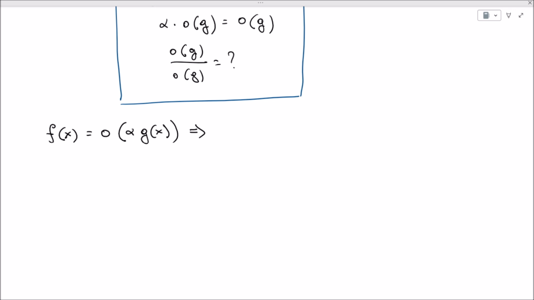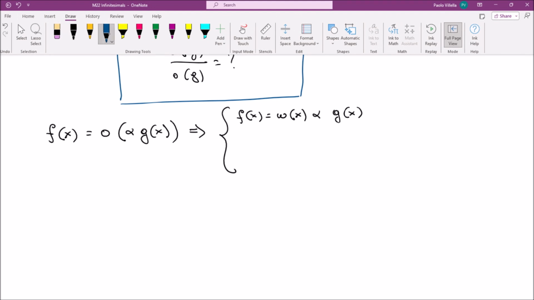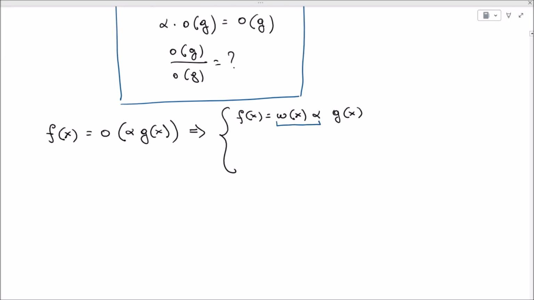Now, this implies that first, the first condition is that f of x can be written as some omega of x times alpha g of x. But once again, we recognize that this first part, we can think of this as a new omega 1 of x.